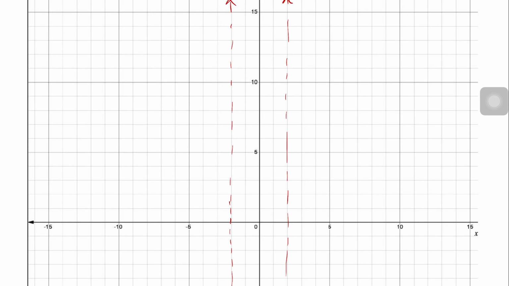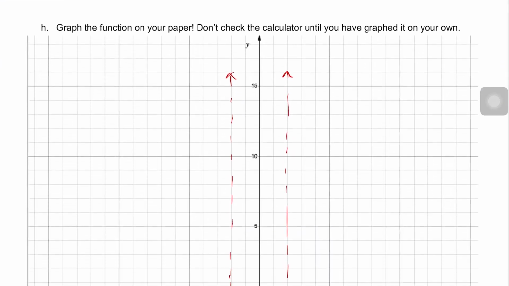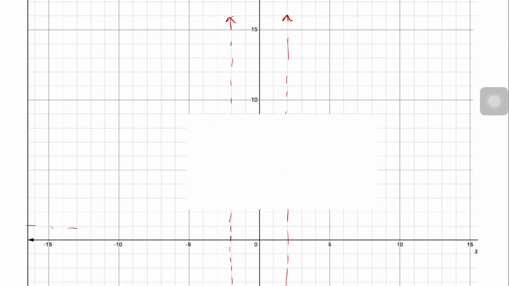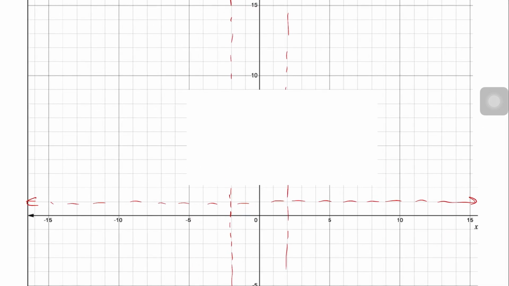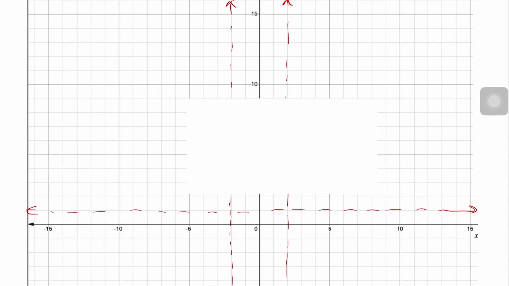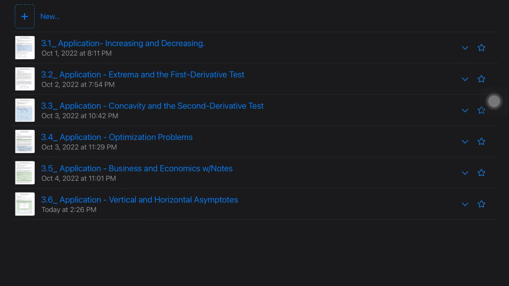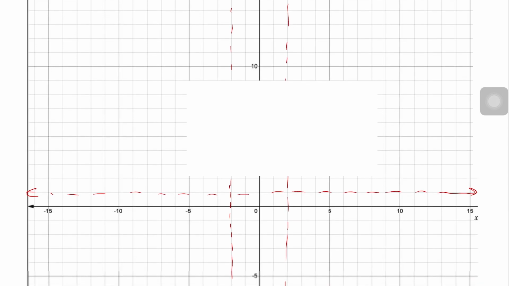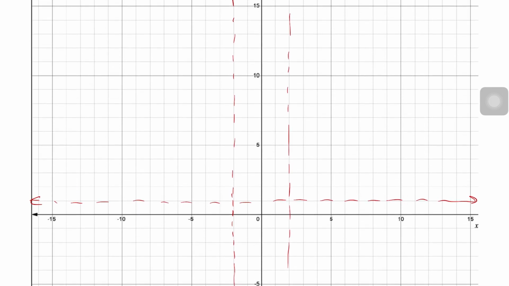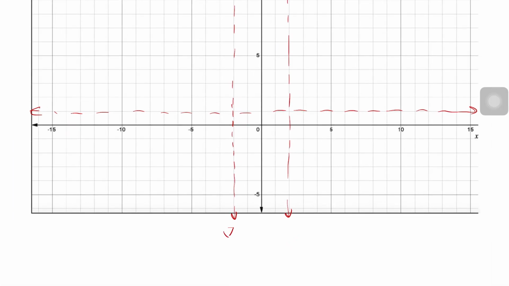And then also a horizontal asymptote at y equals 1. There you go. So this is x equals negative 2, x equals 2, y equals 1.